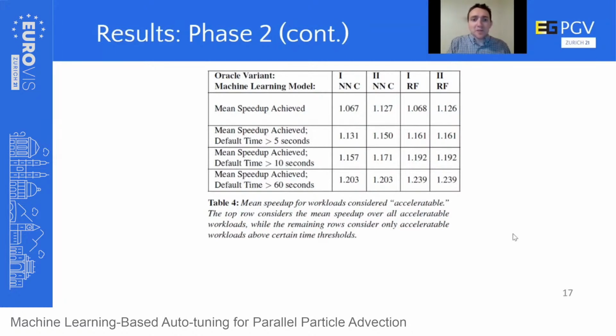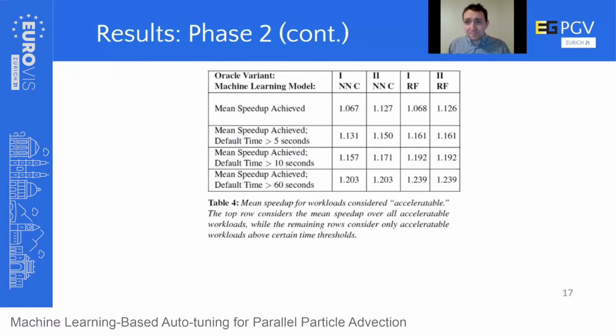And so when we thresholded our runs by how long they took, what we noticed is that for runs that actually took quite a bit of time, our parameters did better. We started to get up to 20 or 23% for those runs, which took a minute or more, once we consider them to be acceleratable.